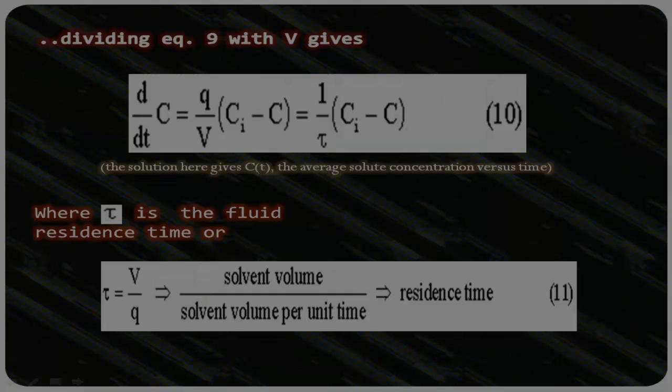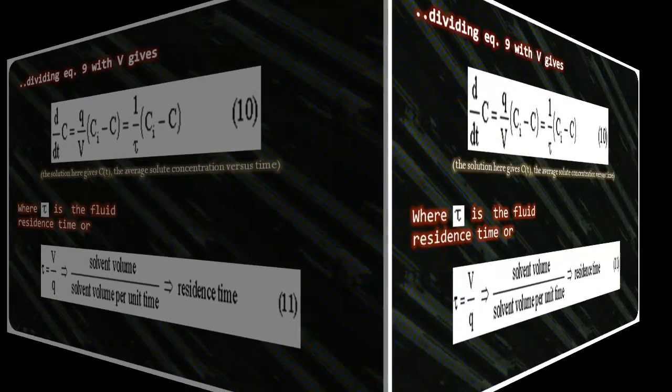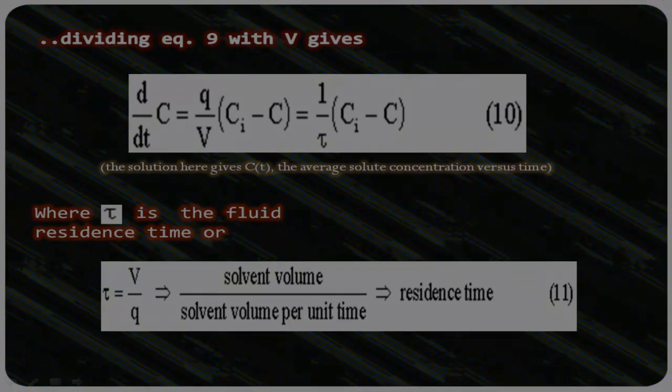Dividing equation number 9 by V gives equation number 10 as shown. This solution gives C of t, the average solute concentration versus time, where tau is the fluid residence time, also known as the time constant, equal to solvent volume over the solvent volume per unit time.